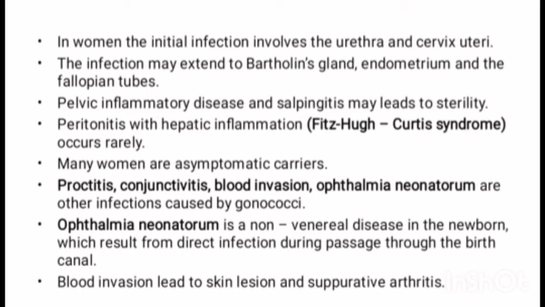Peritonitis is the inflammation of the peritoneum, and with perihepatic, that is liver capsule, inflammation it is known as Fitz-Hugh-Curtis syndrome. Some of the women are asymptomatic, that is, they carry the gonococci without any symptoms. Hence they are considered a reservoir of gonococci.